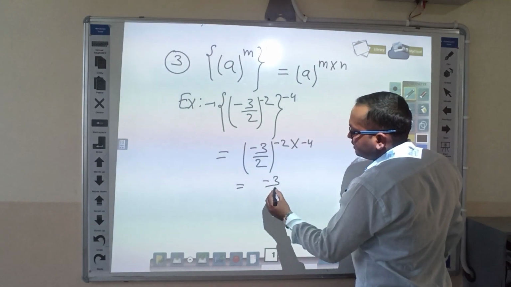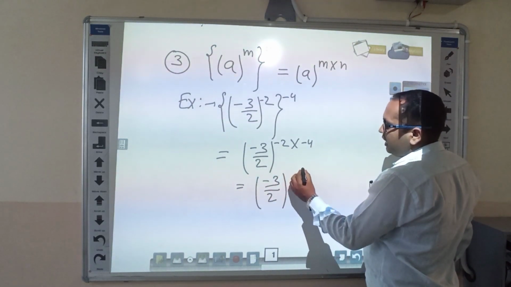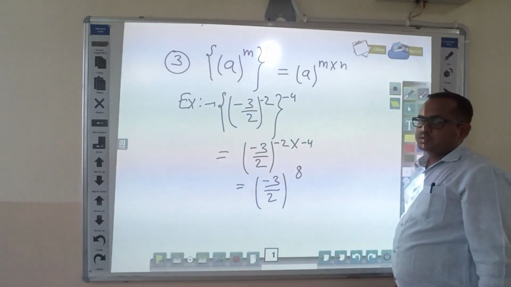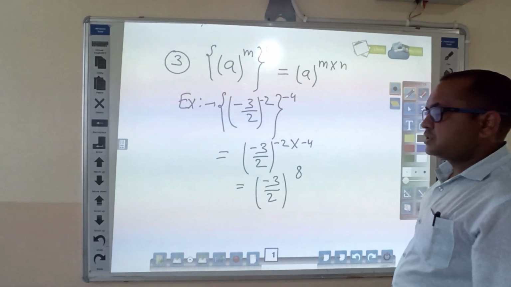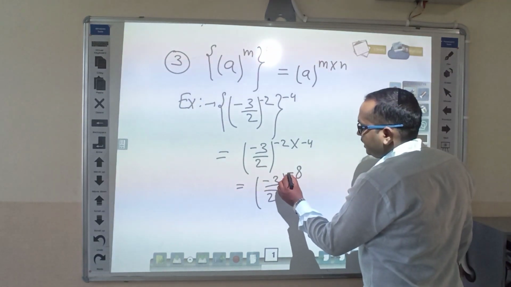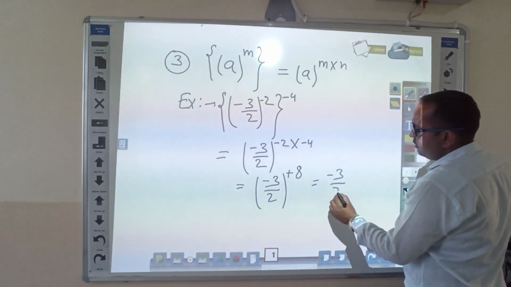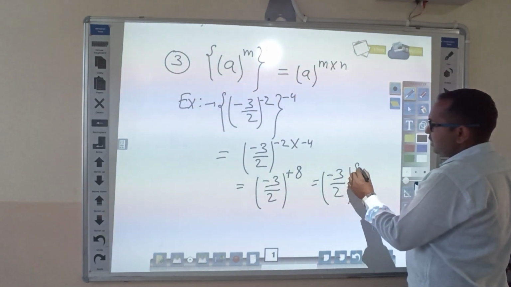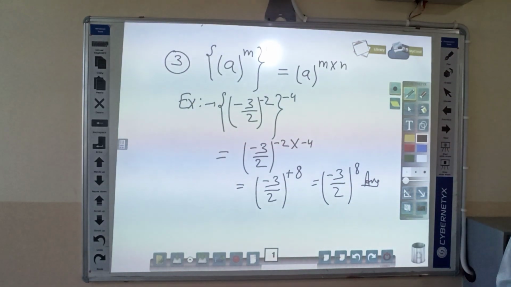That is, minus 3 by 2 to the power 4 twos are 8, and minus comes even times. We know that when minus comes even times, the result is plus. So it is minus 3 by 2 to the power 8. This is the required solution of the third law of exponent.